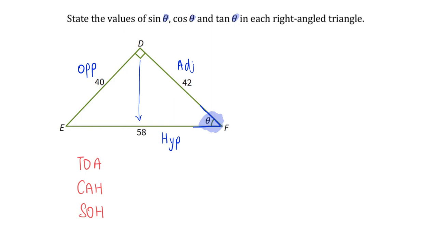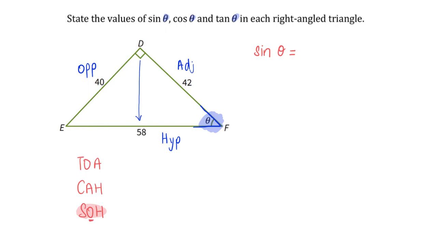And once I have identified the sides, then I will be able to do the 3 ratios immediately. So for sine, which means that sine of the angle theta is equal to the opposite side.